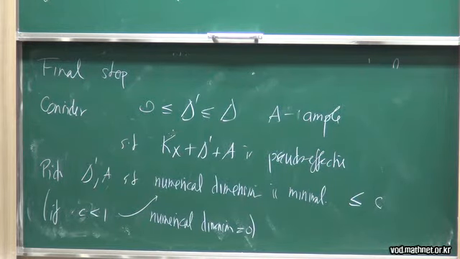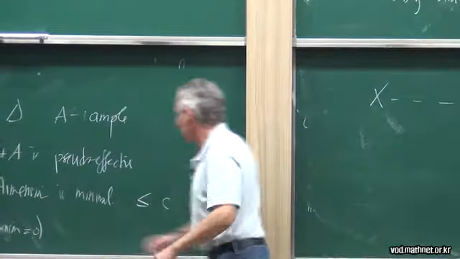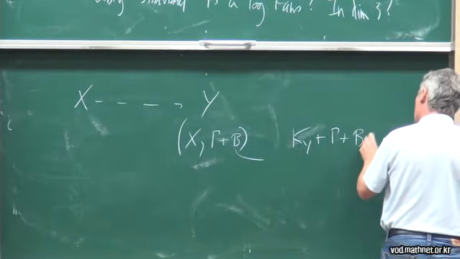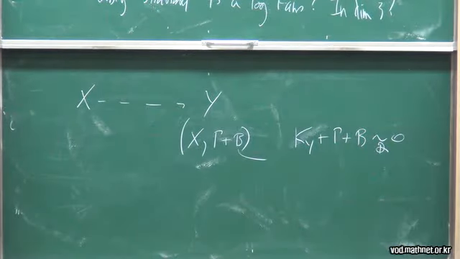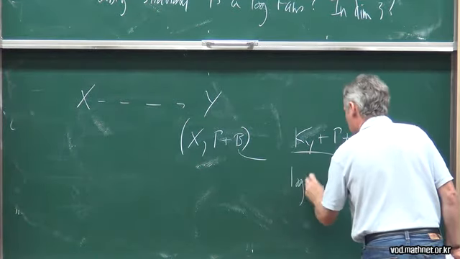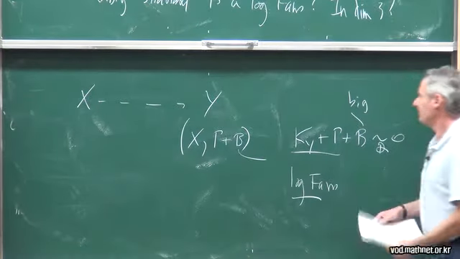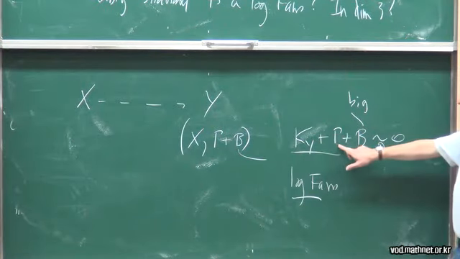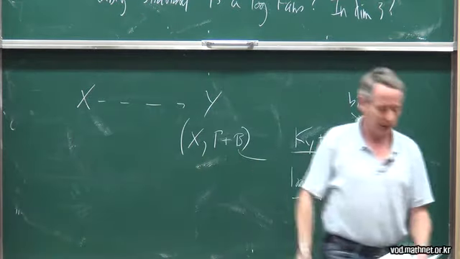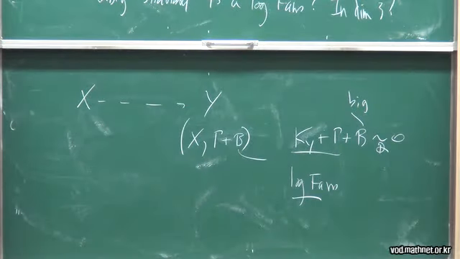And so now you've got Y, gamma, the image of this, and the image of A. And then, for example, if it was numerical dimension 0, K_Y plus gamma plus B is numerically equivalent to 0, but this guy is big, so this is log Fano basically. And then you check the complexity only goes down, so you prove this is toric, and then with some work you prove that X is toric, and that finishes the lecture and the argument. Okay.